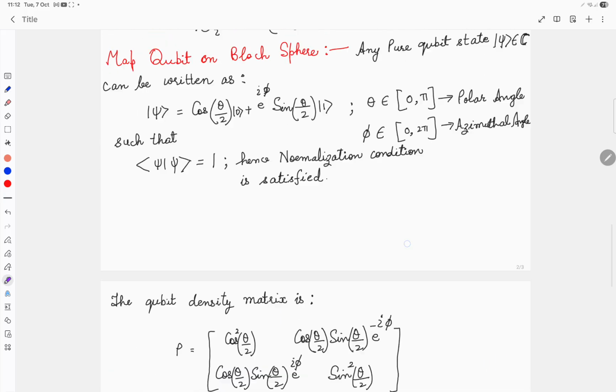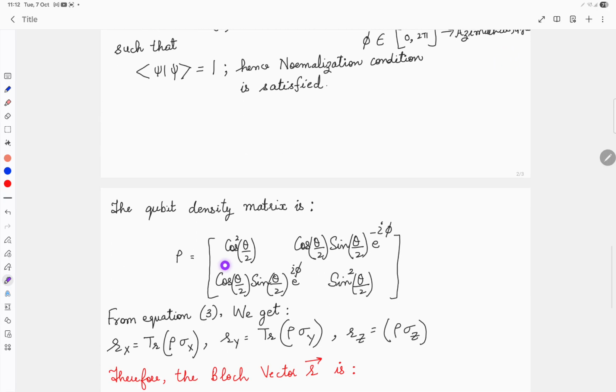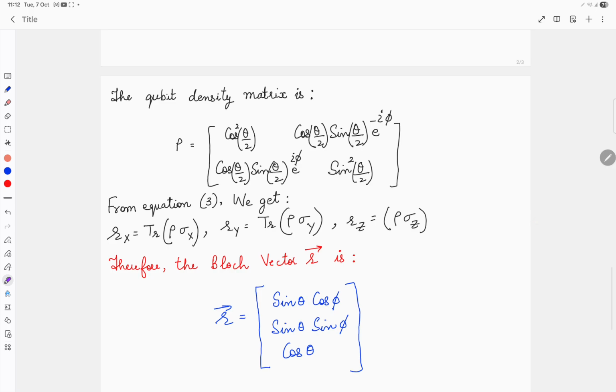As I said, using this expression of the components of the Bloch vector equal to the trace of these two operators, the density operator and the Pauli matrix, I can find each and every component. So we now have the density operator in terms of trigonometric expressions, and we know the Pauli x, Pauli y and Pauli z matrices.